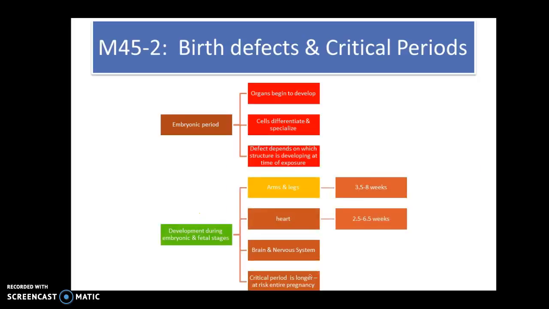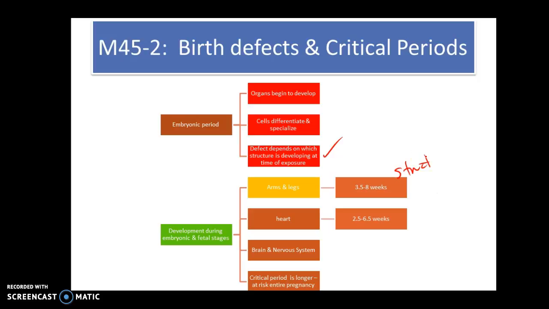Now, the other interesting thing that's going on in both the embryonic period and the fetal period, in terms of teratogens, is that when the structures are developing, that's when they seem to be most vulnerable to teratogens. So, for instance, arms and legs, in terms of structural development, are really starting to develop during 3.5 to 8 weeks.